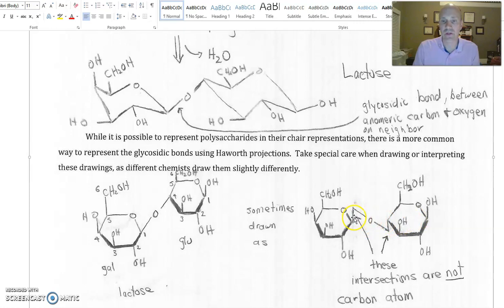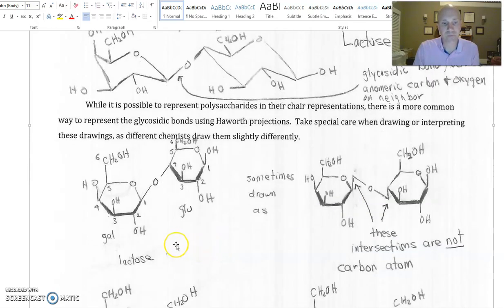One thing that can be a little confusing is that you end up having an intersection of line segments, and normally that means a carbon atom exists there. But when you're doing this, these do not represent carbon atoms. They're just a way to represent the direction that the carbon-oxygen bonds come from the monosaccharides, done in a way so that you can draw them side by side.